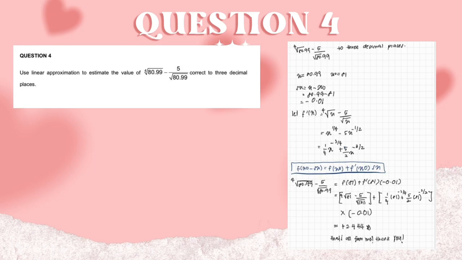So there's the formula: f of x equals f of x naught plus f prime of x naught multiplied by delta x.